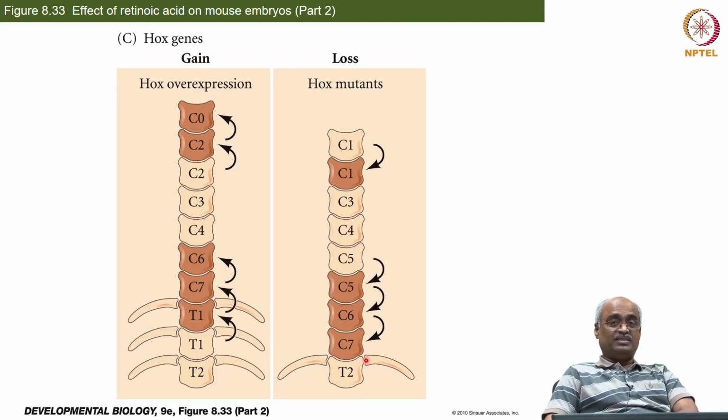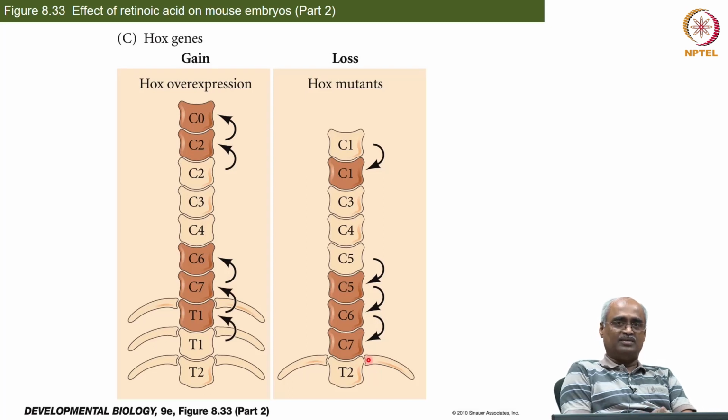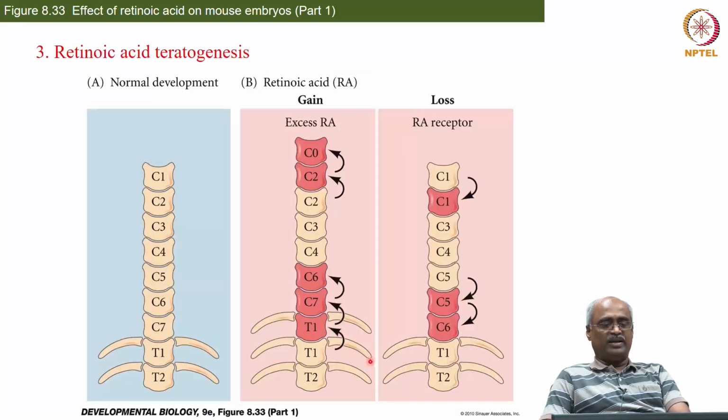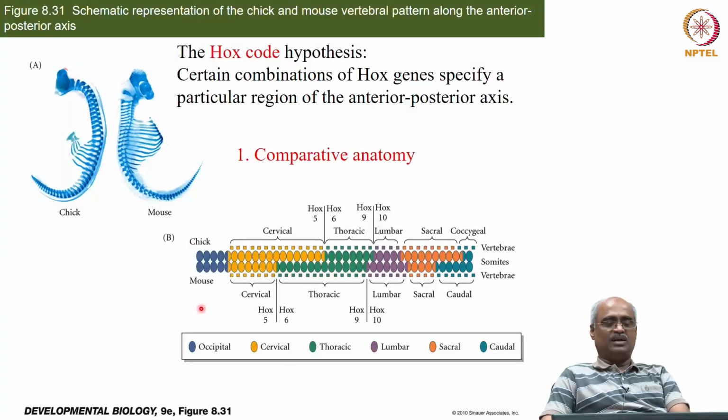So these three evidences: one is the comparative anatomy, what is the morphology of the different vertebra along the anterior posterior axis in one organism, and another organism where the morphology is slightly different, and how the gene expressions are correlated with this. That is the comparative anatomy that we saw between chick and mouse, and this long neck corresponds to shorter expression of HOX6 and longer expression of HOX5 in chick when you compare with the mouse.